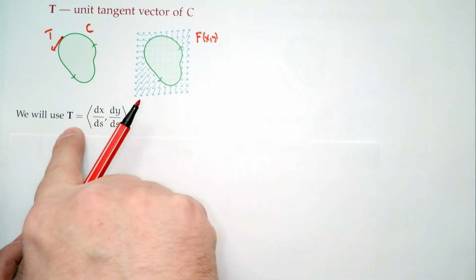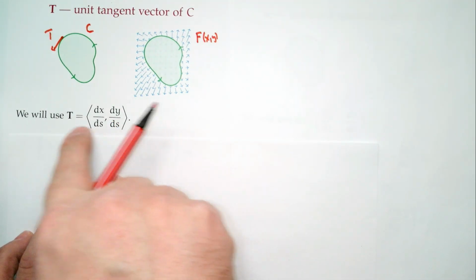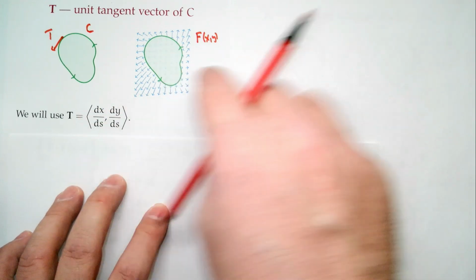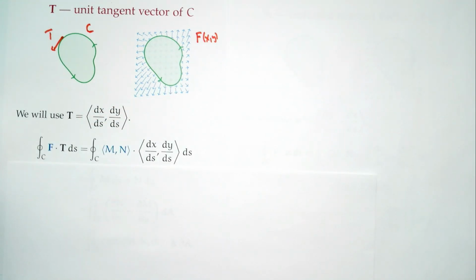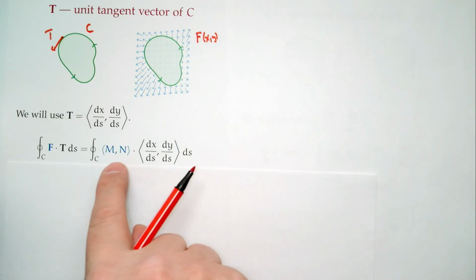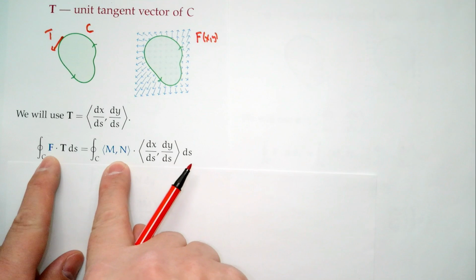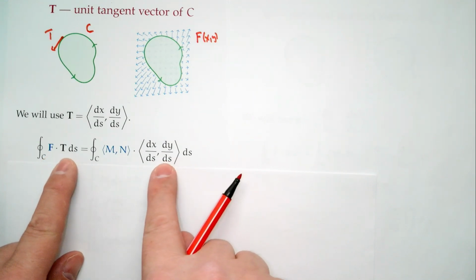Now for our vector t, we should note that t is dx/ds, dy/ds. We get that the integral along the curve of F dot t ds is, okay, the integral along the curve of M, N, that's our force function, dot t ds.